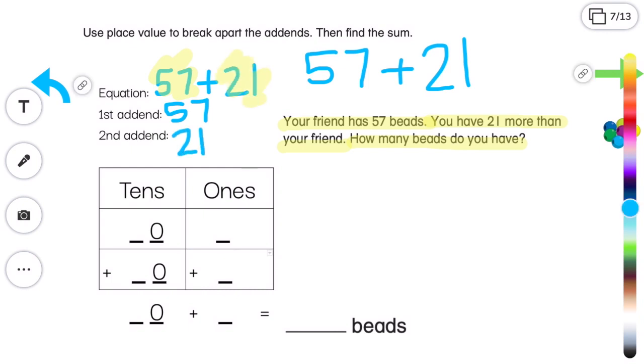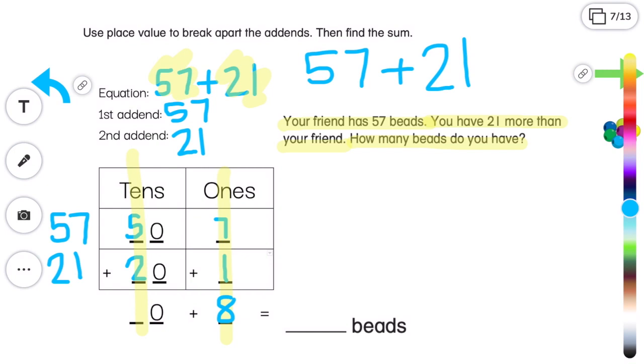Now let's break apart our addends. 57 is the same as 50 and 7. 21 is the same as 20 and 1. Now let's add together our place values. When we add 7 and 1 together, we get 8.